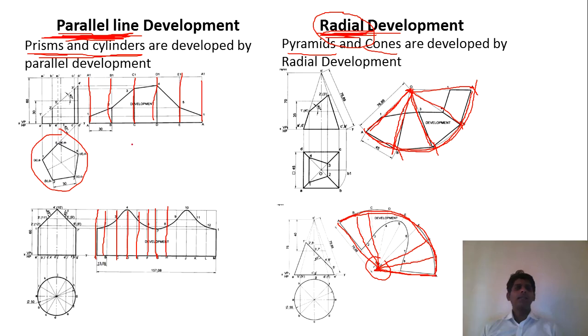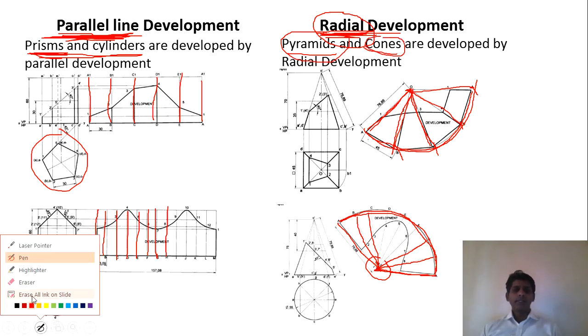Parallel line development is used for all kinds of prisms, like square prism, rectangular prism, pentagonal prism, hexagonal prism, and cylinders. Radial line development is basically for pyramids and cones. This is what we need to remember.